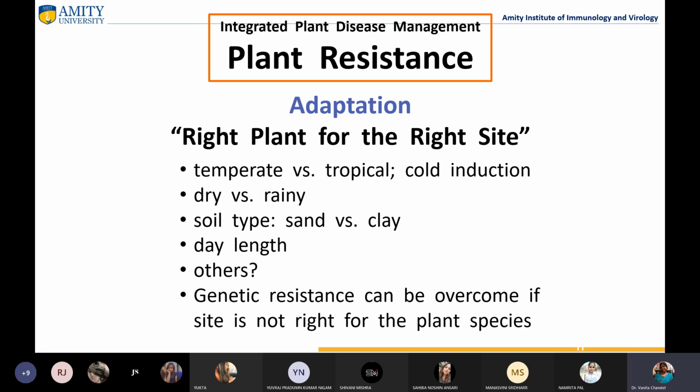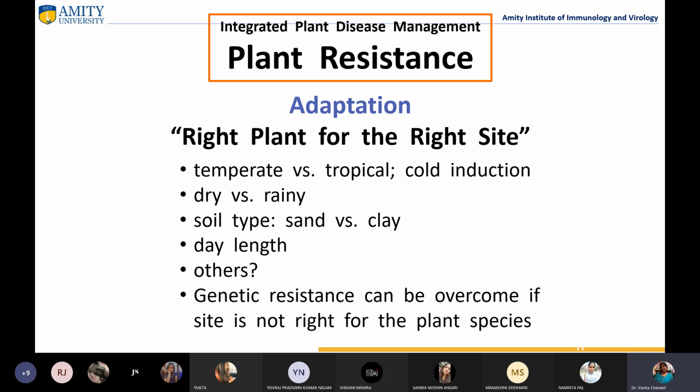So temperate versus tropical, cold induction, dry versus rainy: some plants need a lot of rain, whereas others have adapted to dry or desert-like conditions. Then soil type, what kind of soil they can grow in, day length and everything. So genetic resistance can be overcome if the site is not right for the plant species.